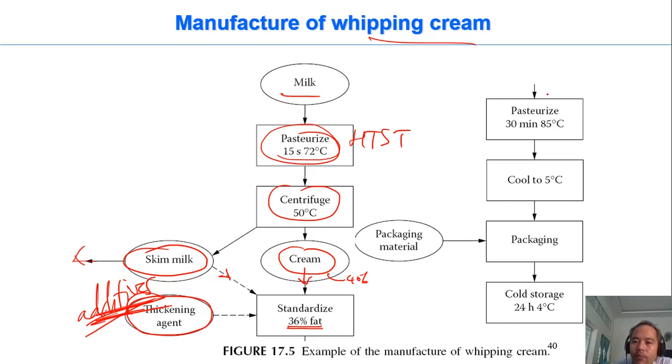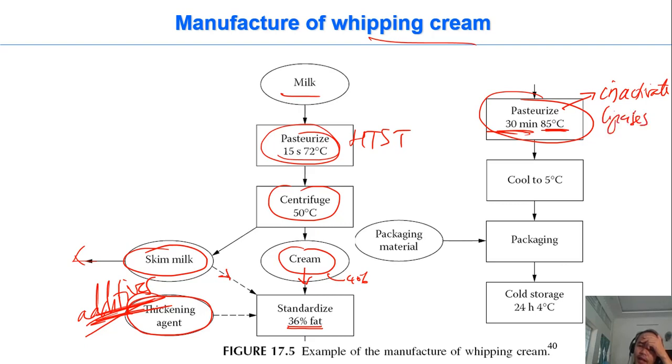And here you see we have to pasteurize again. The pasteurization here is high pasteurization, high temperature for a long time. Why do we have to do pasteurization again? Because in this step, the heat treatment, the main purpose is to inactivate lipase, the enzyme that hydrolyzes fat.